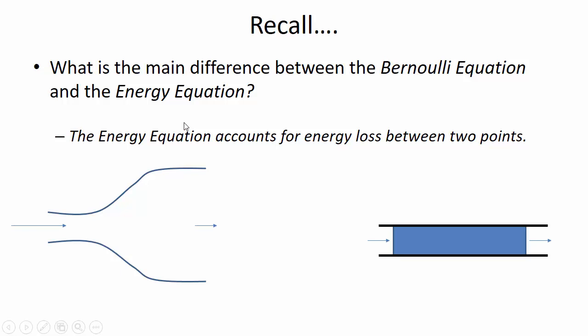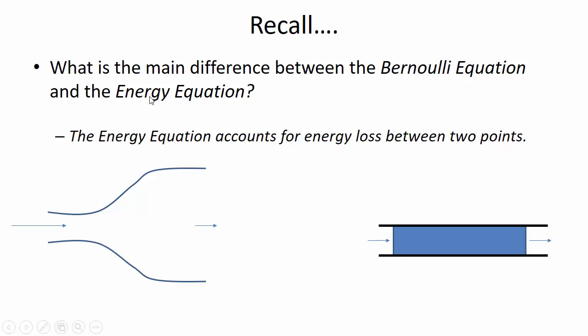The reason we wouldn't want to apply Bernoulli's equation over a longer distance is that it didn't account for energy losses due to pipe friction. Bernoulli's equation was limited to fluids that were inviscid, these magical fluids that don't exist, that don't have viscosity. We applied it for an inviscid fluid because Bernoulli's equation does nothing to account for the effects of head loss.